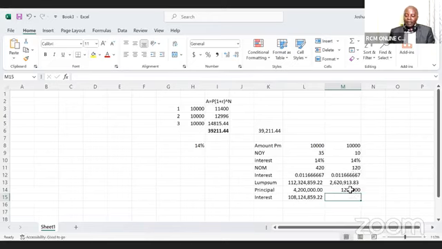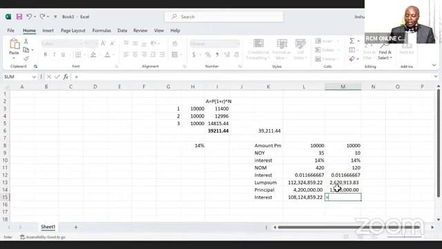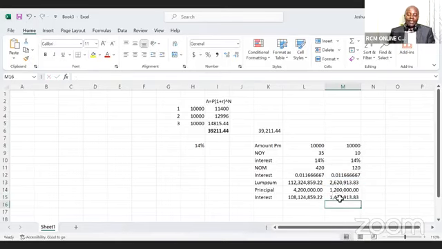This gentleman will end up saving just, if you put the 1,000 separator, 1.2 million. And then his interest will be this minus the principal amount, like that. So you'll end up getting an interest of 1.4 million alone.